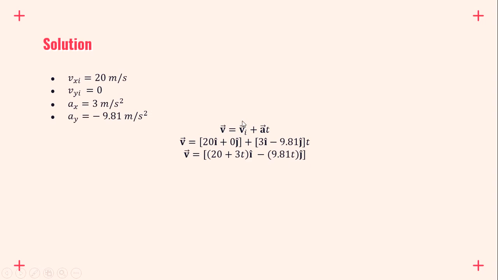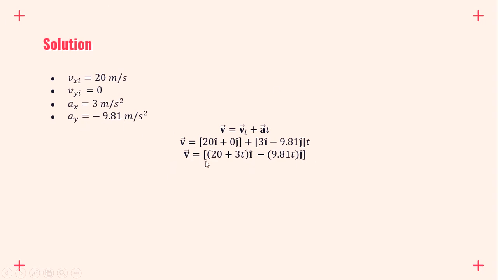So the resultant vector for the initial velocity is xi plus yj, so 20i plus 0j, plus then we substitute the resultant for the acceleration: 3i minus 9.81j, times t.